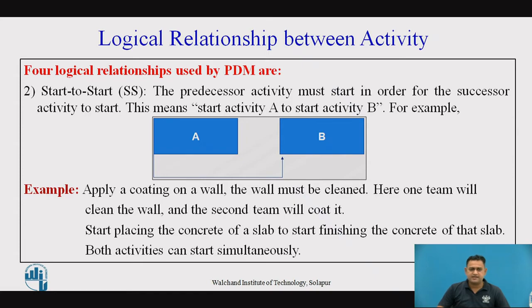For a second example, we start once we start the placing of the concrete on the slab. Similarly, at the same time, the finishing activity of the concrete will start. Here, it's a clear-cut picture that once you start the concreting work, simultaneously the finishing work starts. Both activities are starting simultaneously.